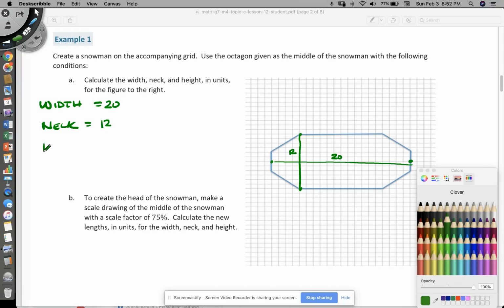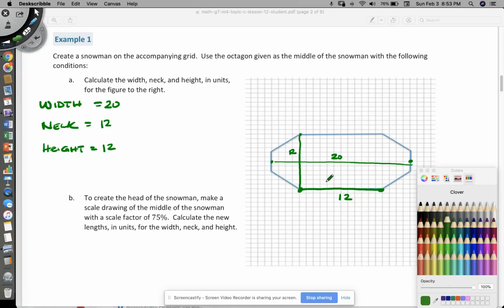I apologize. It's the same number, and that's why I got them mixed up. So the height is 12. The neck goes from here to here, which is also 12. So you have 20, 12, and 12.